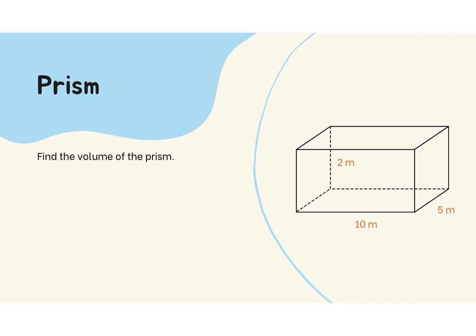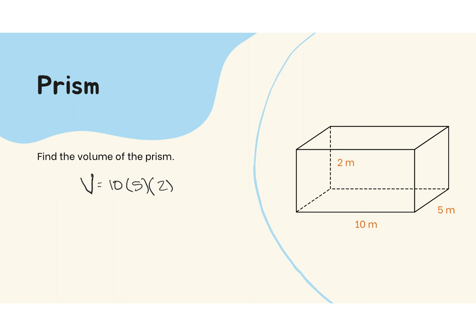So in this example, we have a length of 10 meters, a width of 5 meters, and a height of 2 meters. And we are going to find the volume of that. So we're going to start with V equals our length, which is 10, times our width, which is 5, and then multiply that by the height, which is 2.